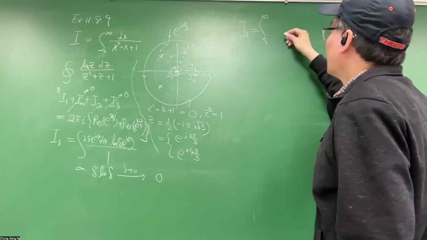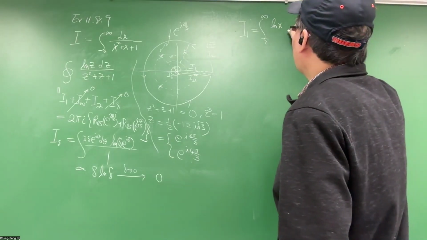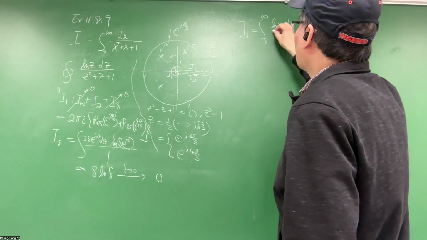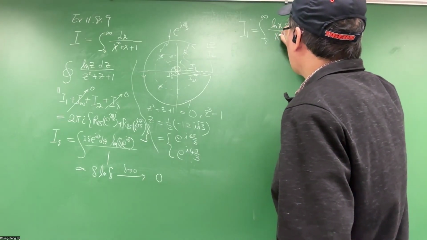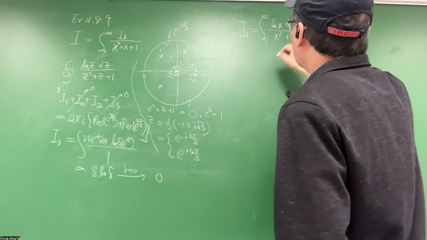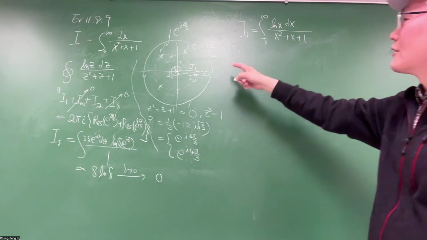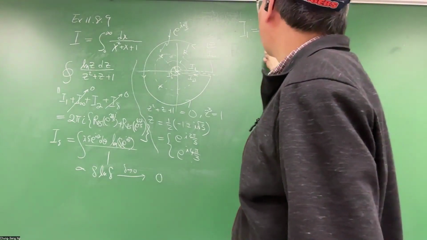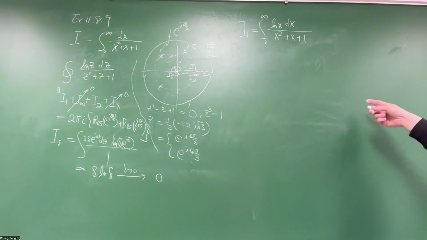So log z is just basically log x, right? And then dz is just dx. And the denominator is all single valued, right? So nothing special about that. So I sub 1 is just basically changing z to x.